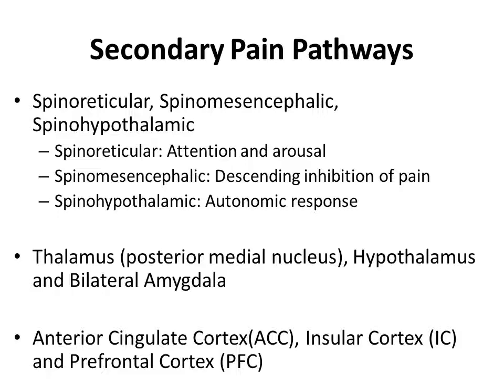Again, there are lots of areas associated with pain, and I've listed a few of them here. You are not familiar with these areas yet. So all I want you to know is that pain doesn't go just to the primary somatosensory cortex. It goes there to help us discriminate where we hurt, but it goes to many other areas of the brain as well.